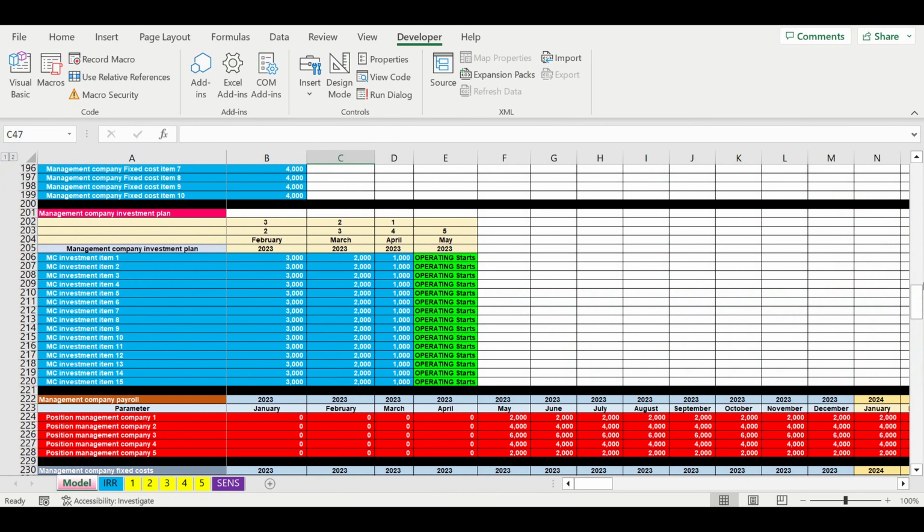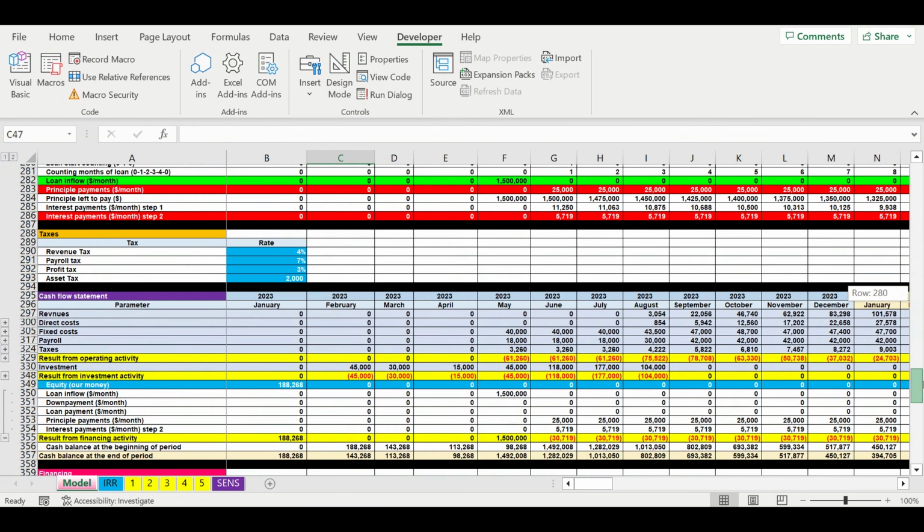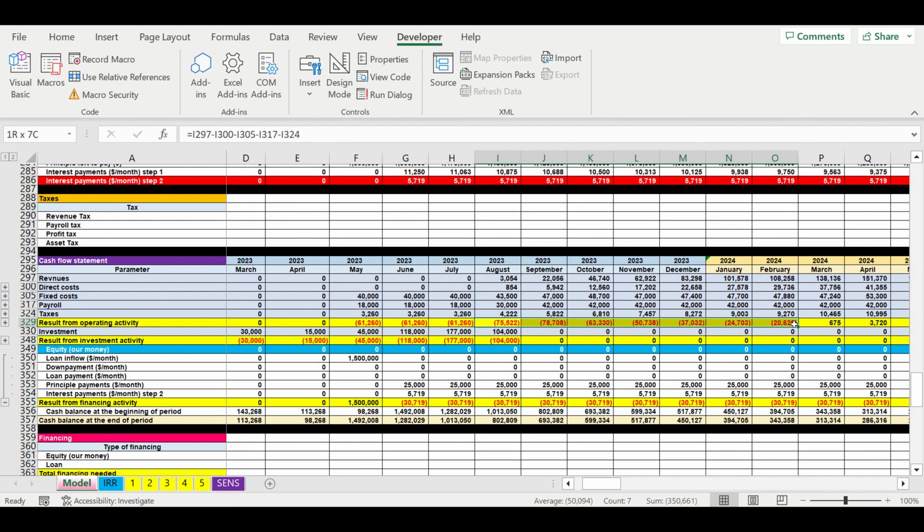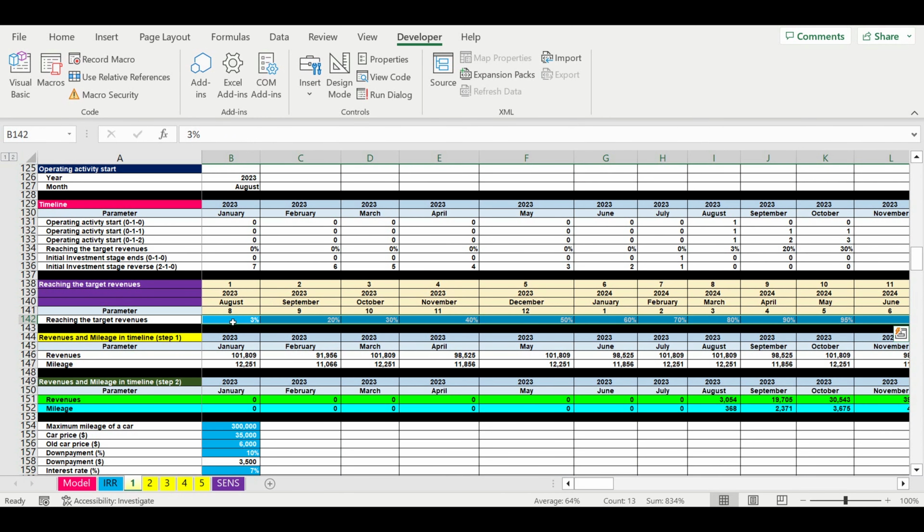And if we go to the cash flow statement, we will be able to see that during the first 1, 2, 3, 4, 5, 6, 7 months of operating activity, we do have some operating losses. We can see these losses with the help of this block of inputs.